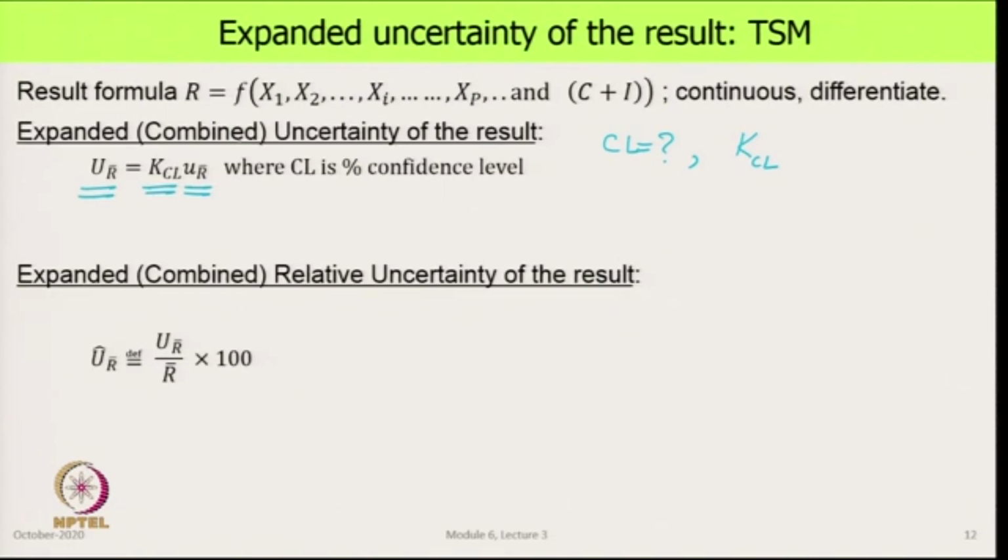The word combined is put in brackets because the strict correct name is expanded combined uncertainty of the result, but we drop the word combined and it tells us the same thing.